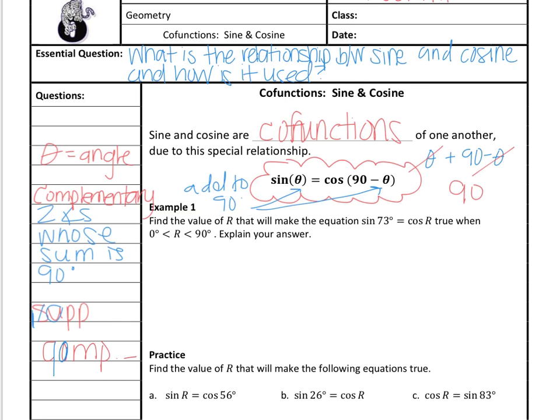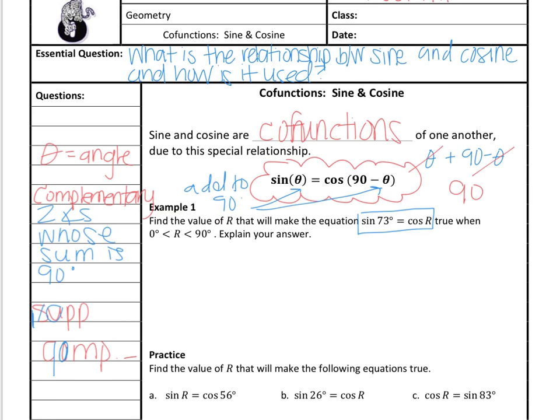So in example 1, this was a Common Core question. It says, find the value of r that will make the equation sine of 73 equals cosine of r true when r is between 0 and 90. Explain your answer. So again, the relationship when sine and cosine are set equal to each other, as you see here in this bubble, is that their angles add to 90.